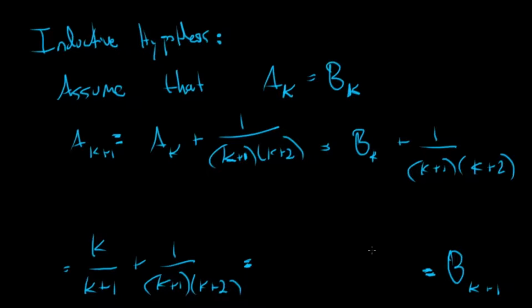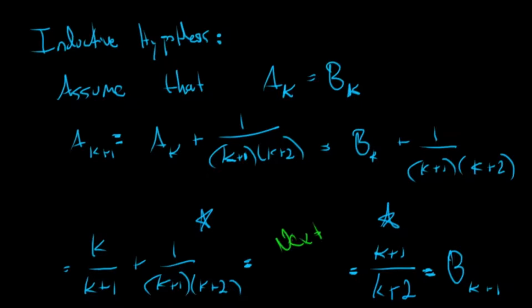We need to show, and I like to work in both directions, that this is k plus 1 over k plus 2, in other words, b sub k plus 1. So we need to show that this right here is equal to this right here. I'm going to take this to the next page because I've run out of room.